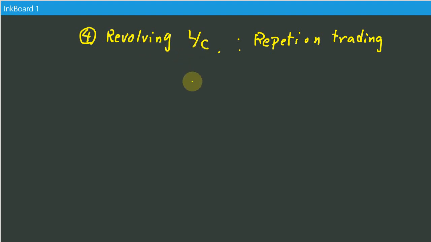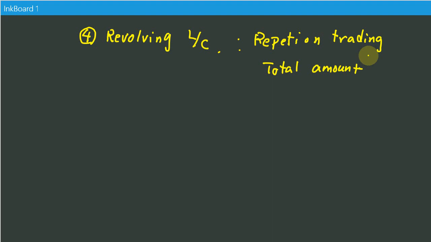Okay? So they are setting total amount. Okay? They are setting total amount. And then the letter of credit is automatically renewable. Okay?